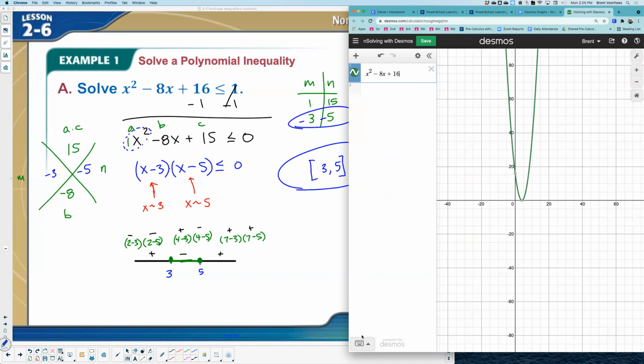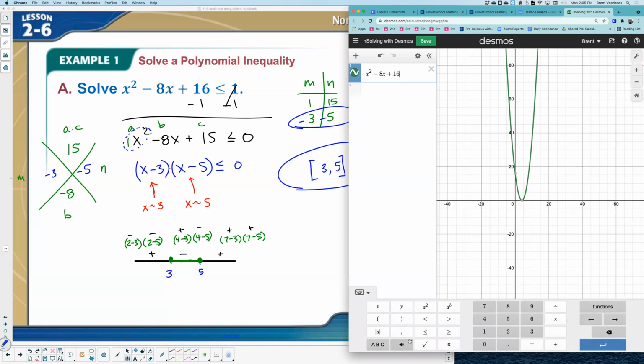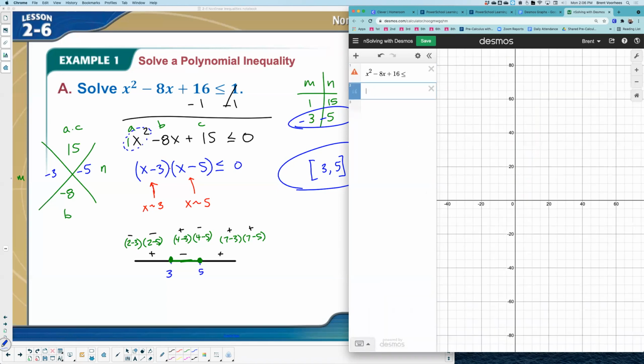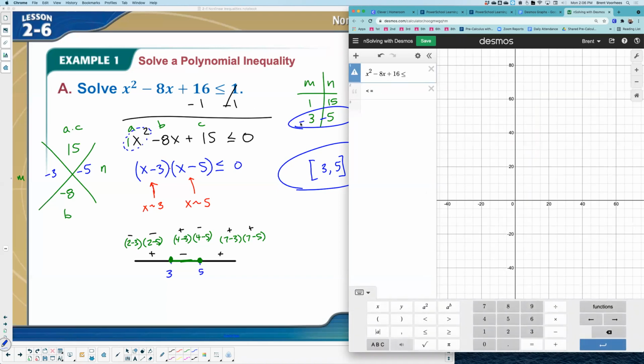The less than or equal to button, you can hit shift less than, which is the comma, and then do the equal button, and that can work, or you can open up the Desmos keyboard and press that right there. So you can just do this symbol followed by the equal sign, and Desmos will automatically convert that. I type this in, and look what Desmos does for me.